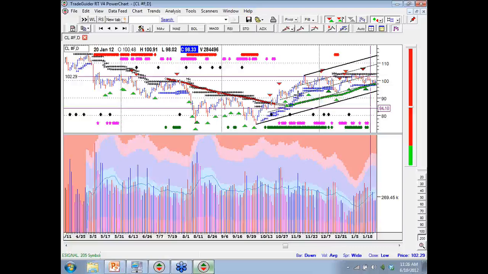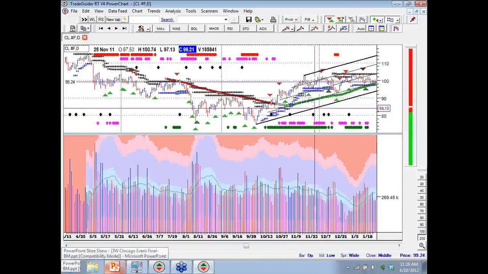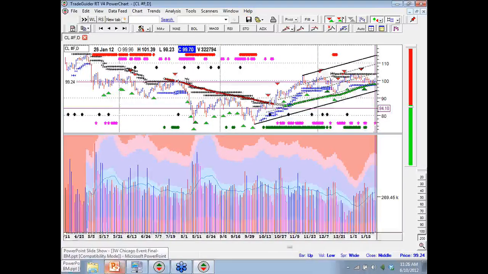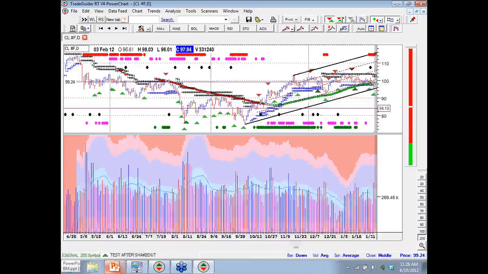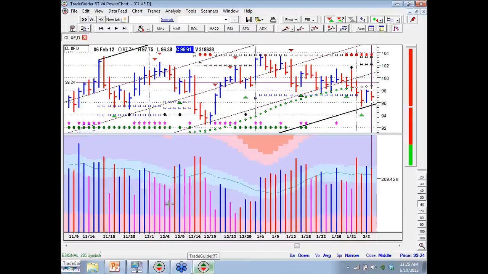Don't look at what's on the right edge of the chart, and start ticking through them one at a time. And ask yourself, are you going to get long or are you going to get short? Test yourself as you go through. Really encourage that over the weekends.